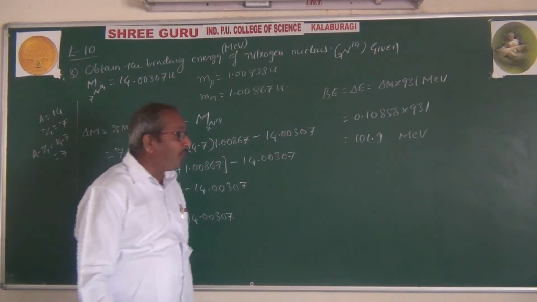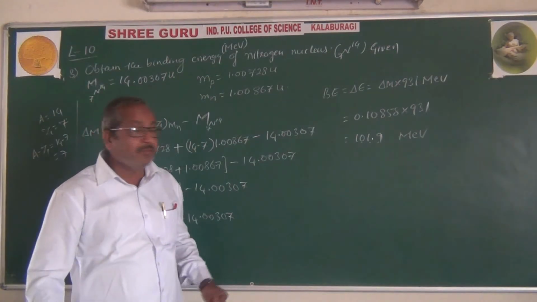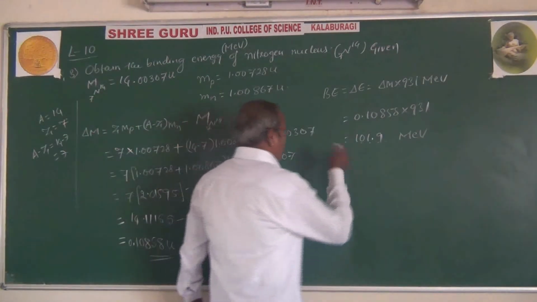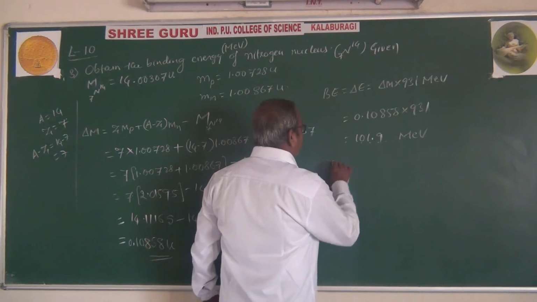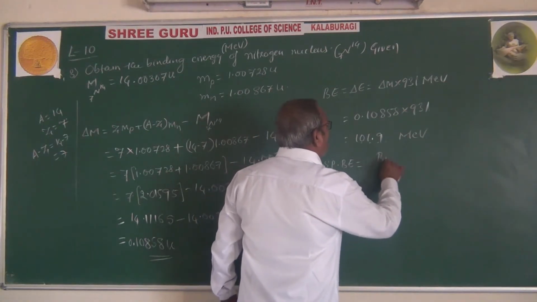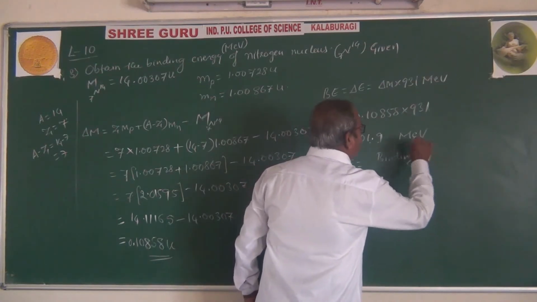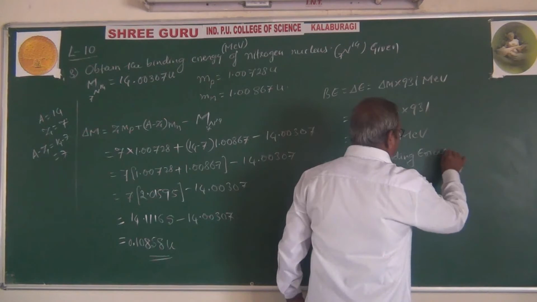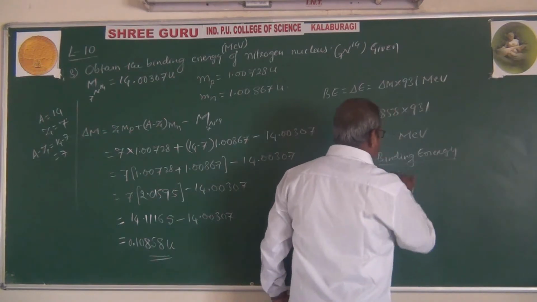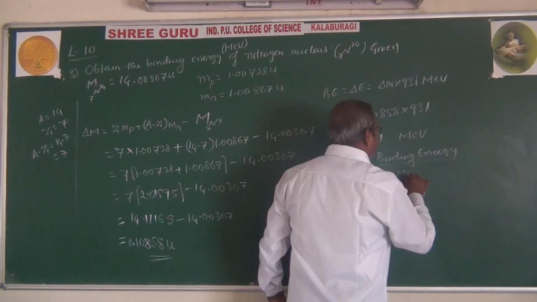If they ask for the specific binding energy, you will get it as binding energy per nucleon. Per nucleon means divided by the mass number.